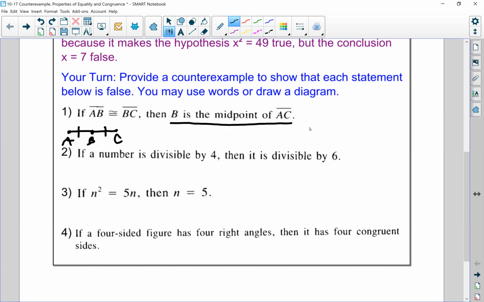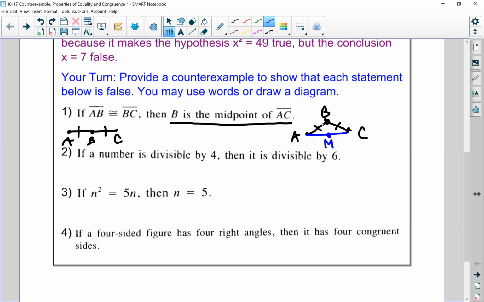Let's try to draw a different case. So we can draw AB like this. And maybe we can do BC this time like this. So here we do have the segments again congruent. Now, if we were to look at the midpoint of segment AC this time, let's draw it in blue, the midpoint's actually here this time.